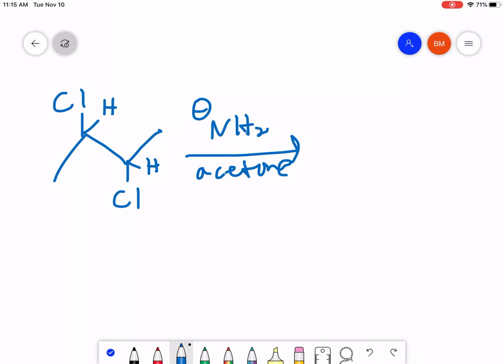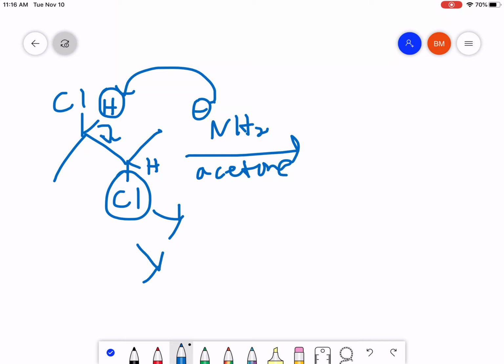So your base, your amide ion in this case, could come in and grab this proton, for example. These electrons could move on down, and that Cl- will pop off as a leaving group. And it gives you this.